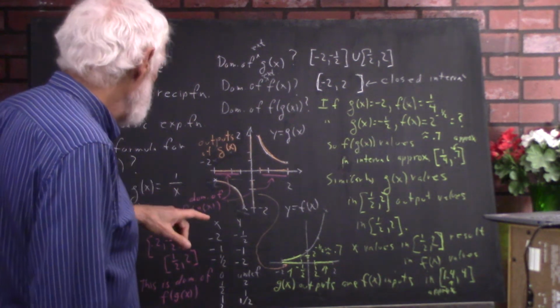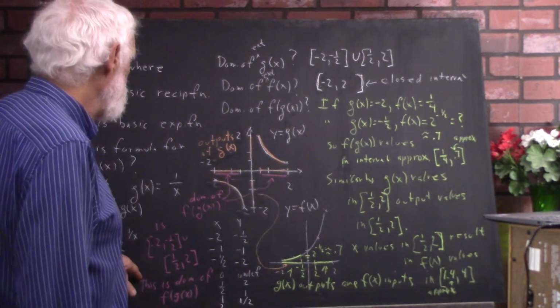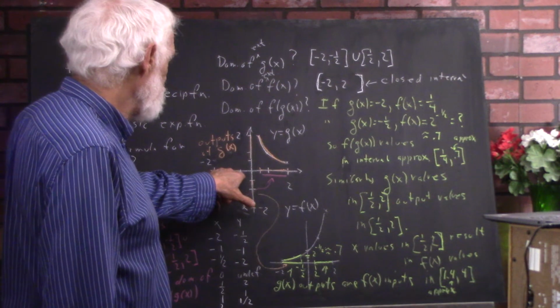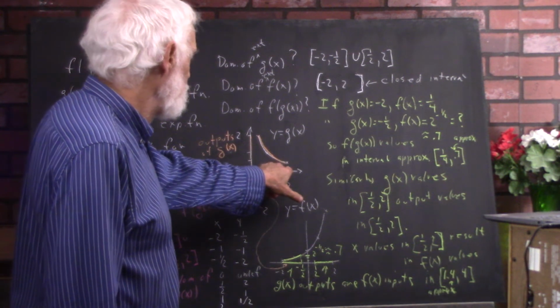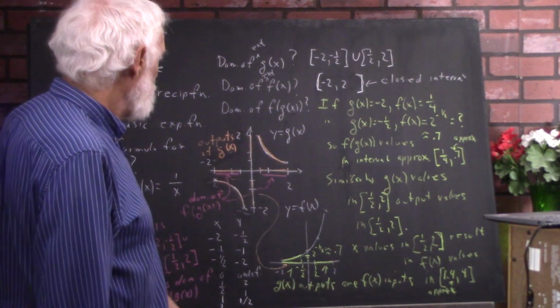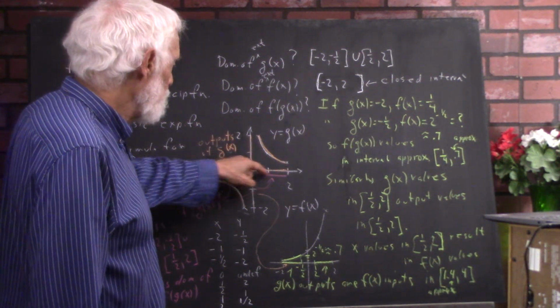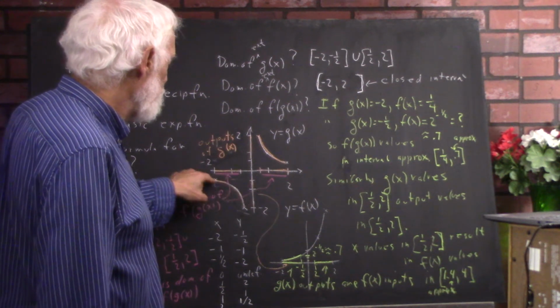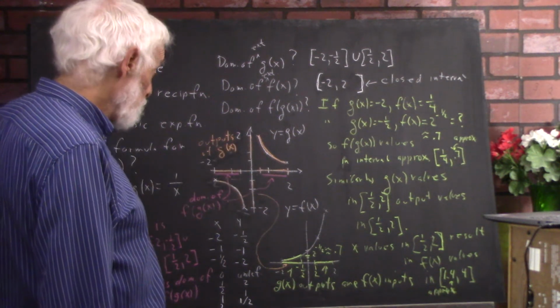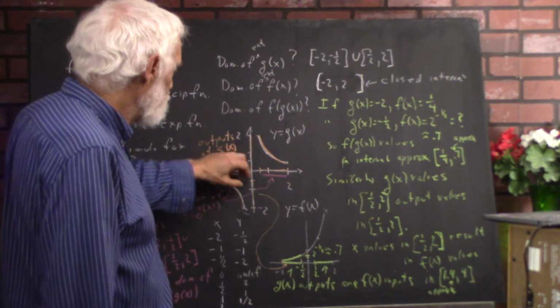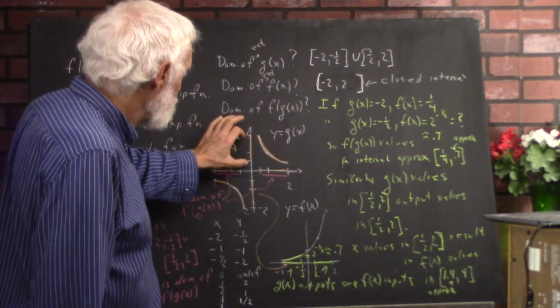So we can picture the domain of g of x as this interval union with this interval. The range of g of x is the set of y values you get for x values in this interval. Here is the curve for those values, and the range is the set of outputs. These are the inputs.